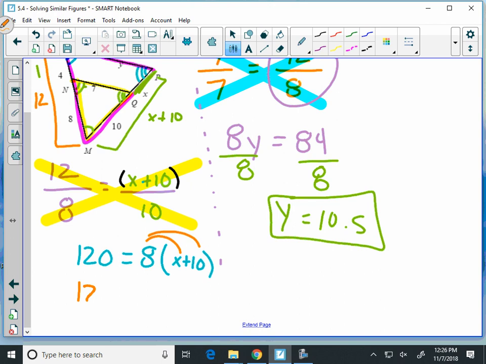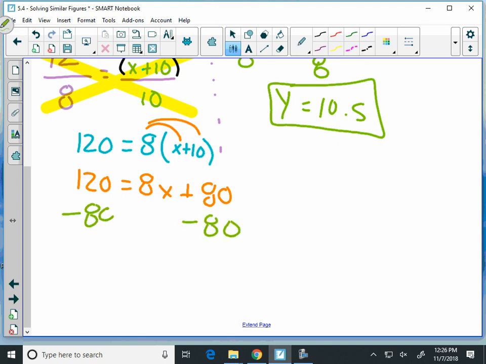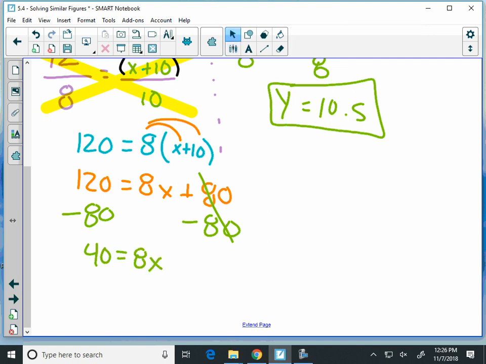So we just distribute our 8. So we get 120 is equal to 8x plus 80. Move the 80 over. We get 40 is equal to 8x. And then what do we have to do with that 8? Divide. Good. When we do so, very good. X equals 5.